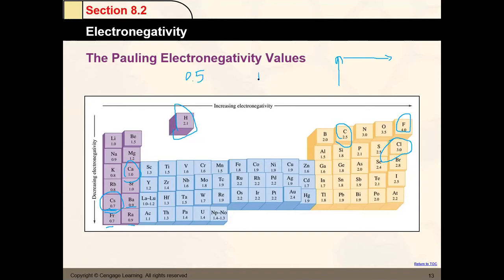So that would be the domain differences. Ionic compounds are after 1.9. Between 0.5 and 1.9, it would be polar covalent. And below 0.5 would be pure covalent bond. We can use that as a reference.